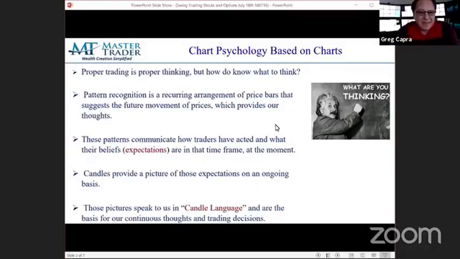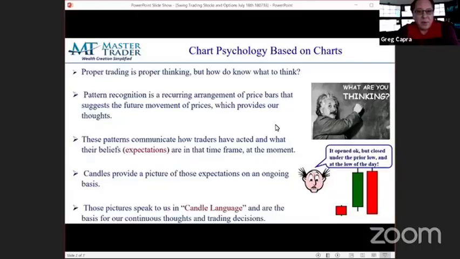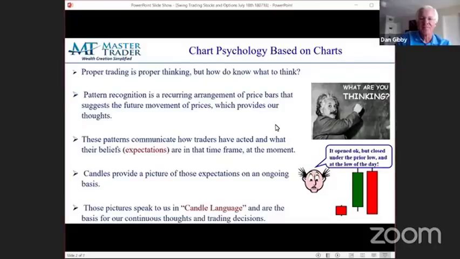So when we think something, and part of our approach as educators as well as traders, our method is one in which it actually forces you to update information. So the way we look at candles and what we call bar by bar analysis and putting together trends, it's like that little picture up there now with Einstein.